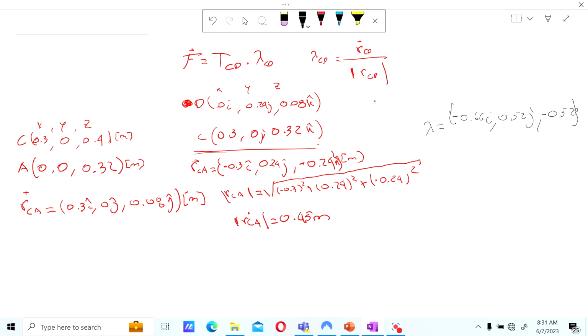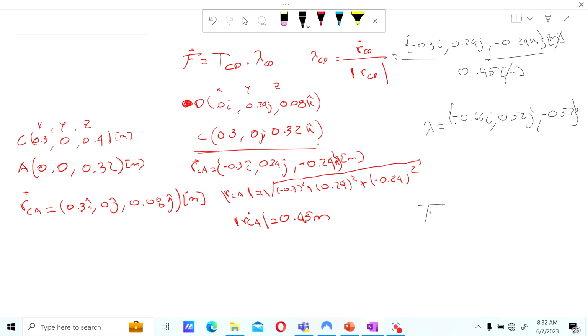So what I did is this computation: negative 0.3 I, comma, 0.24 J, comma, negative 0.24 K divided by 0.45. All this is in meters, and all this is in meters. Therefore, meters cancel out, and we have a unit vector with I, J, and K components, which is this guy.